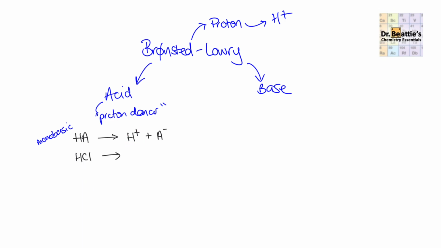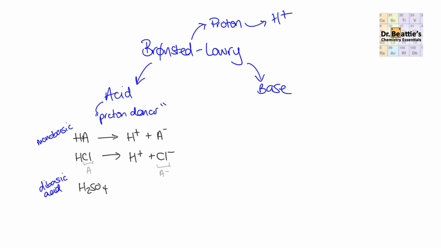An example of this would be hydrochloric acid, where it dissociates to form H+ and Cl-. You can see quite clearly that the Cl is your A, the rest of the molecule. Now, there are other cases of acids that are dibasic.